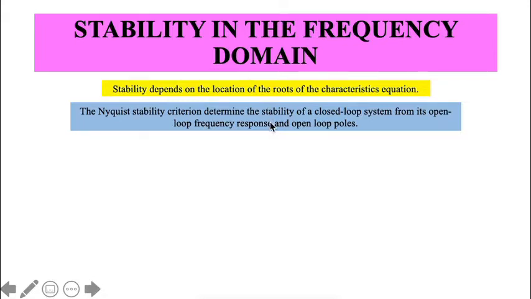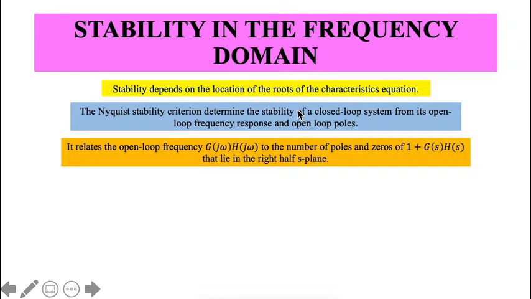Today what we will do is just see what this statement means. Okay, so what does this do? It relates the open loop frequency response. This is important because I just look at the open loop transfer function GH and I can tell you what the closed loop behavior is, right?